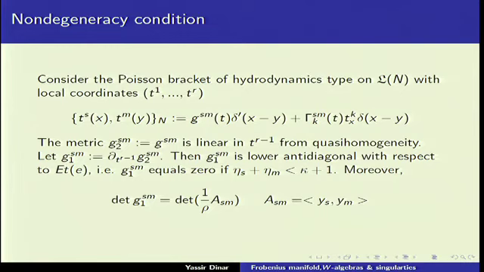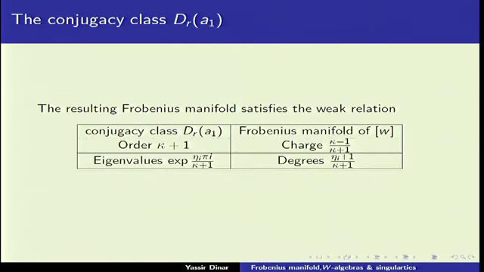This flat pencil of metrics will be generated by this set here and the derivative of this set. I'm sorry, because of the time, I cannot tell you the many technical details which I cannot explain now. So what we get is an algebraic Frobenius manifold, and this algebraic Frobenius manifold satisfies only a very weak relation.